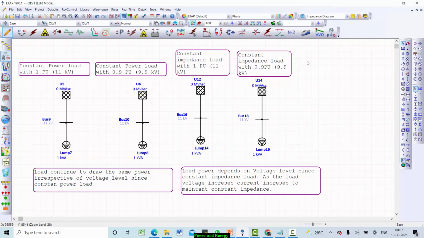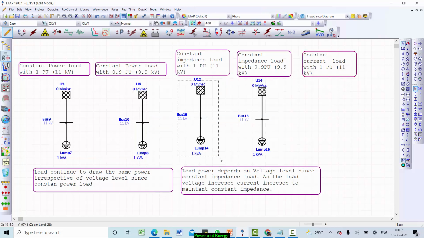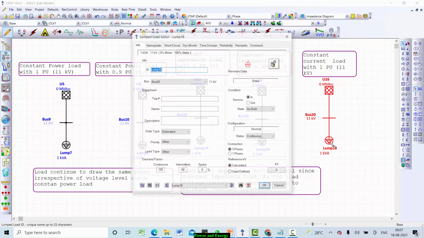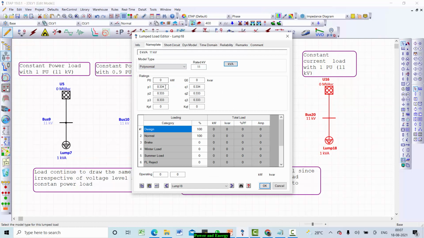Let's move on to constant current load. First you make a label. Initially let's go with 1 per unit, that is 11 kV. Copy and paste the same SLD. Select the load and this time we have to choose model type, polynomial. There are P1, P2, P3, 3 values.